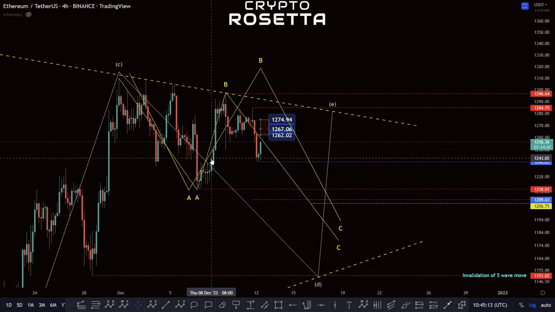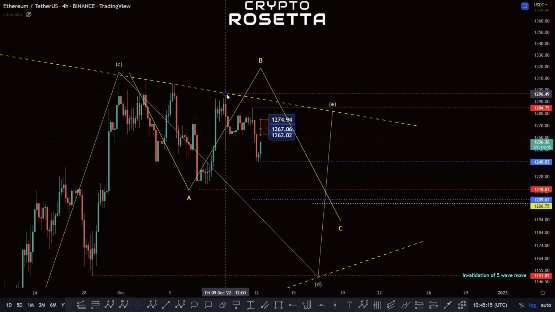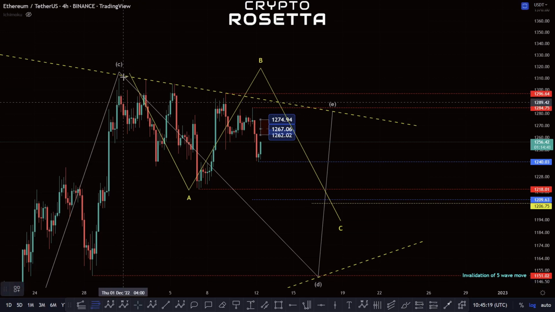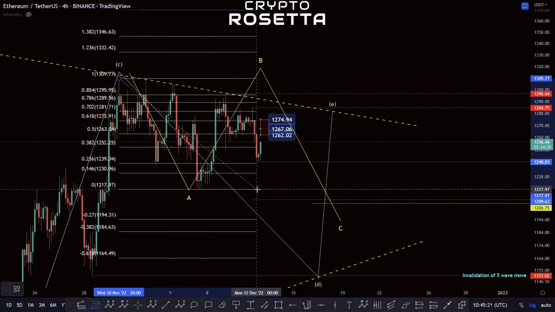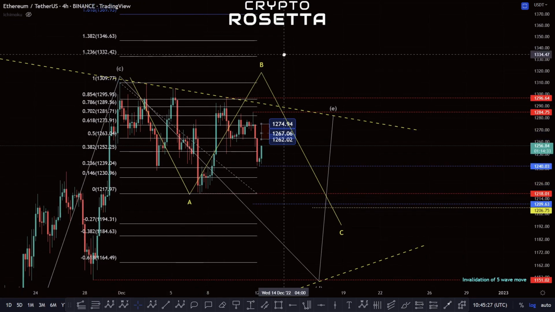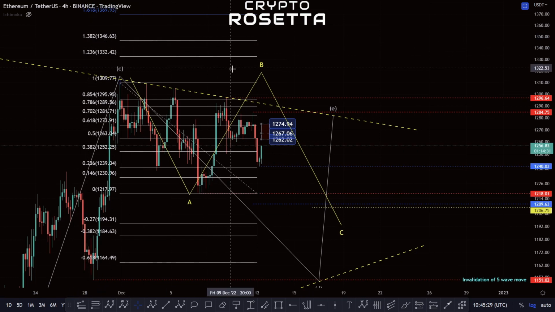So this would form a zigzag to the upside, and if that's the case, and it does look to form an expanding flat in this location, what we'd be looking at is targeting between this 100% and this 1.382 area, which is 1,346.